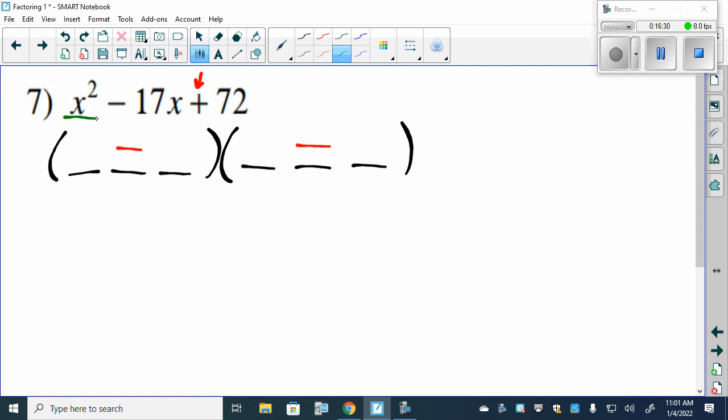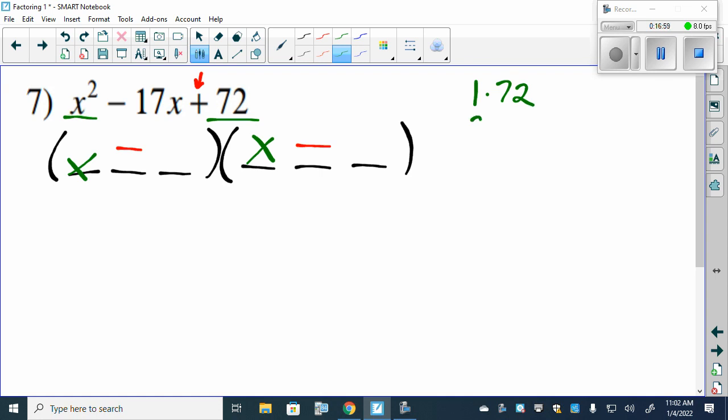Step number 4 is to find the factors of the first and third term. Now the factors of the first term would be x and x. Now we need to find the factors of 72. With some of the bigger numbers, it might be helpful to write them out, because we will have 1 and 72.